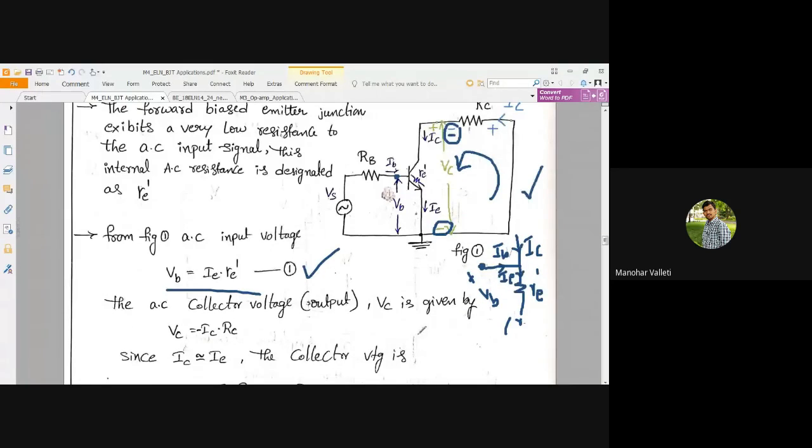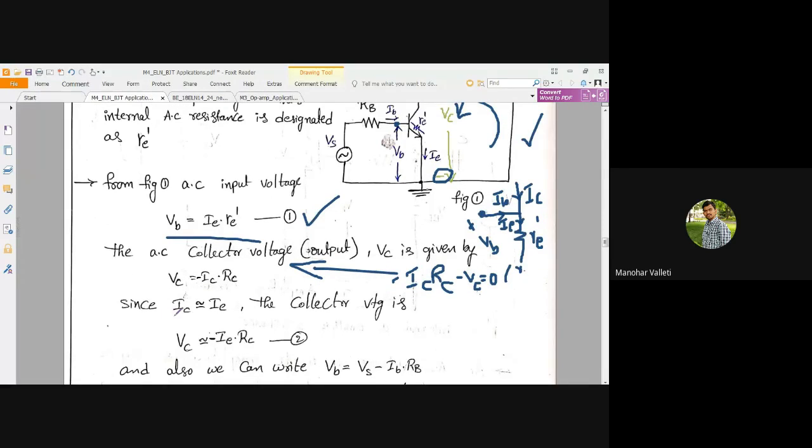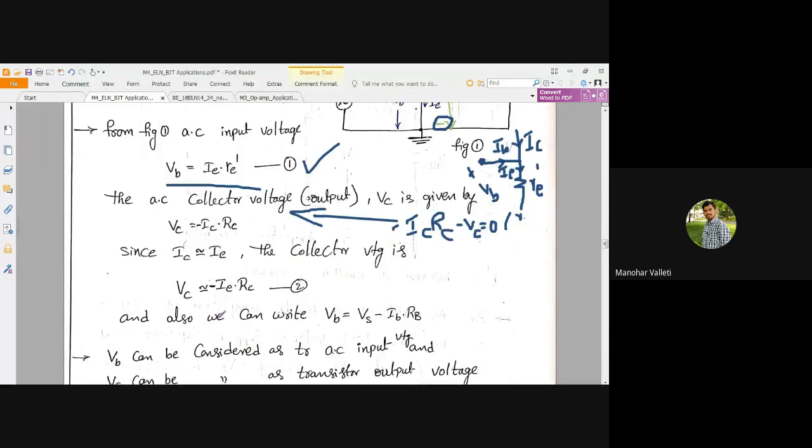So, minus ICRC minus VC equal to 0 from the KVL equation. From this equation you get VC equal to minus ICRC, and as you assumed previously, IC is approximately equal to IE, then VC equals minus IE RC.